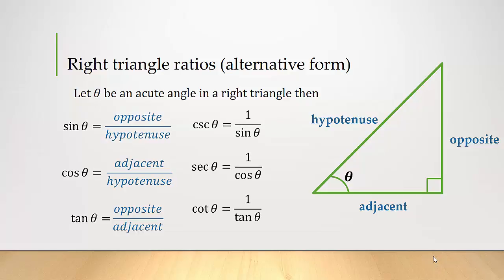Likewise, cosecant, secant, and cotangent are still considered the reciprocals. Now, people will often try to remember this with the acrostic SOH CAH TOA. SOH, meaning sine is opposite over hypotenuse. CAH, which means cosine is adjacent over hypotenuse. And TOA, as tangent is opposite over adjacent.